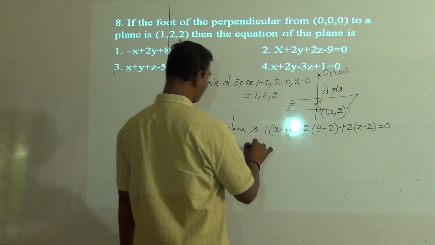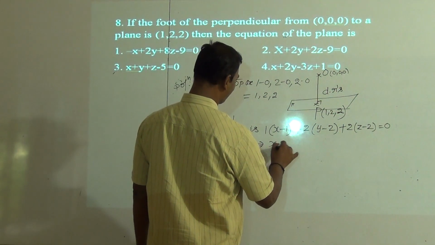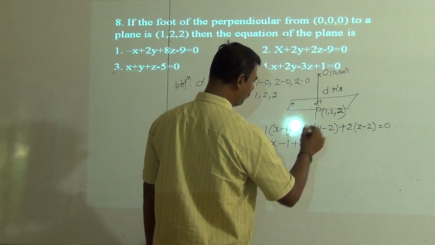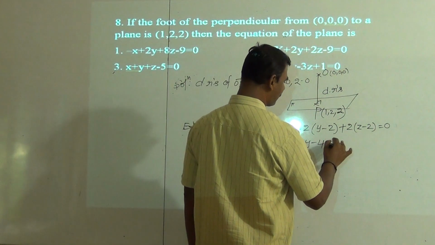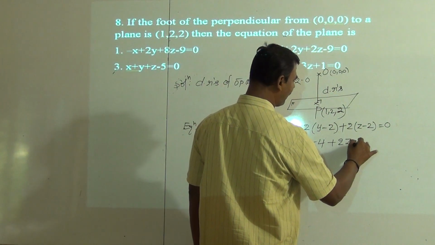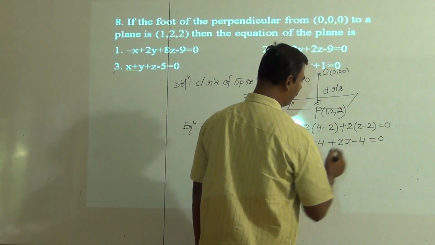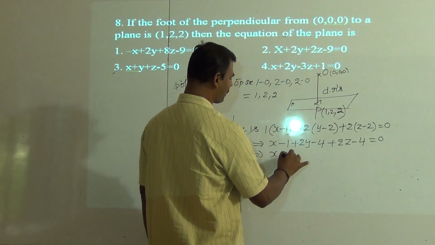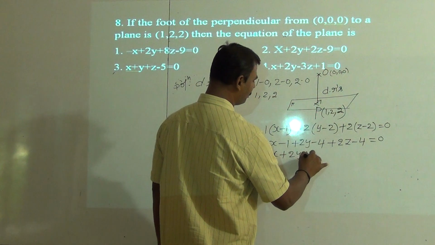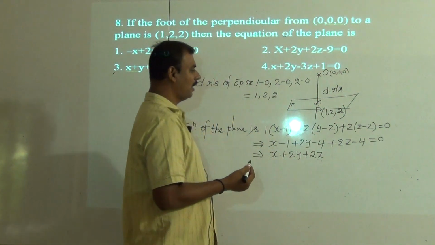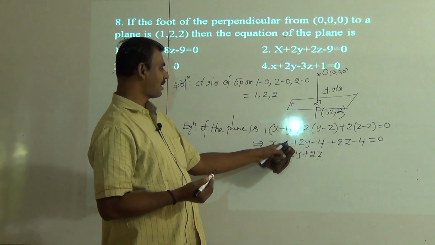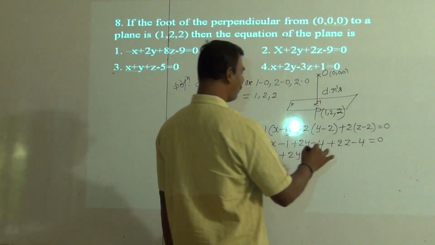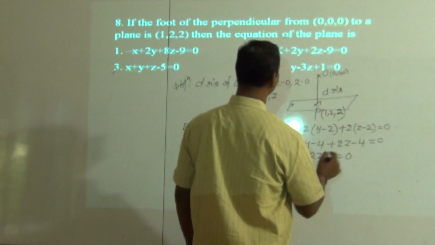Now simplify. This is our final answer: x minus 1 plus 2y minus 4 plus 2z minus 4 equals 0. This becomes x plus 2y plus 2z, and simplifying, minus 1 minus 4 minus 4, total value minus 9, is equal to 0.